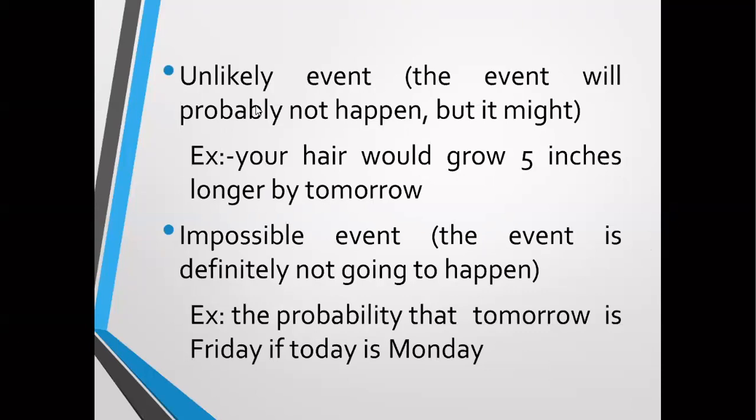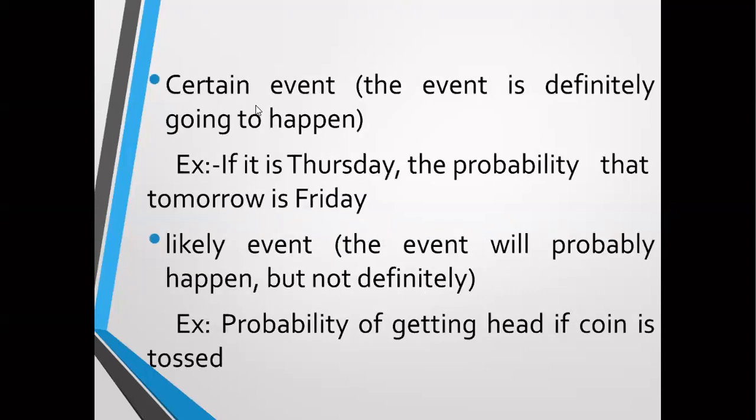What do you mean by certain event? I hope you can see my screen. Certain event is the event that is definitely going to happen. If you want to find the probability of a certain event, that probability is definitely 1.